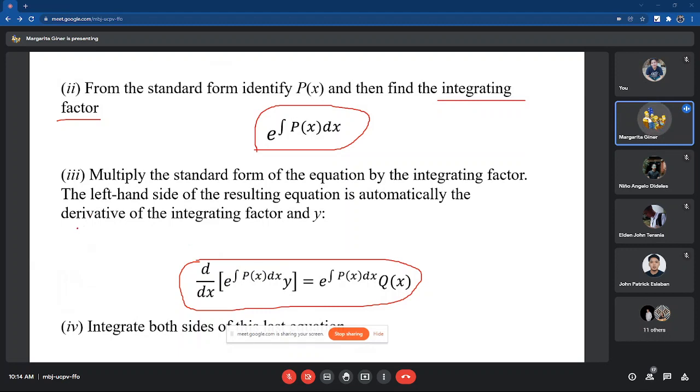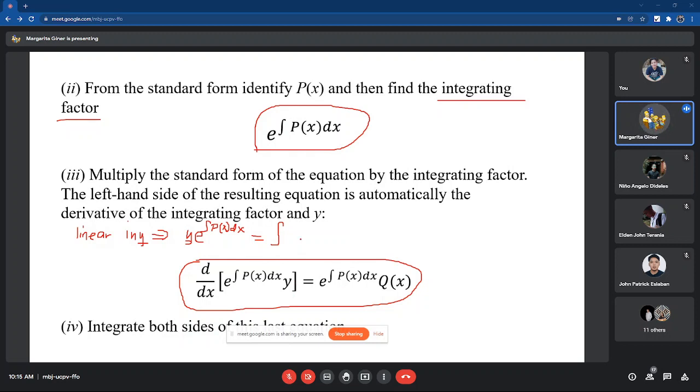If your function is linear with y, so y e raised to the antiderivative of p of x dx, okay, is equal to the antiderivative.